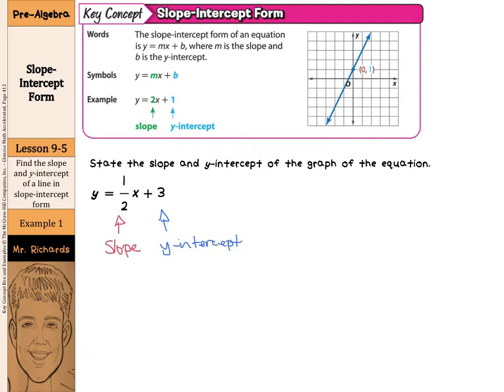Now, in this question, it was a plus 3, so it's a positive 3 for our y-intercept. So if we were just to rewrite this out just to make sure, our slope in this question is 1/2. Our y-intercept is 3.